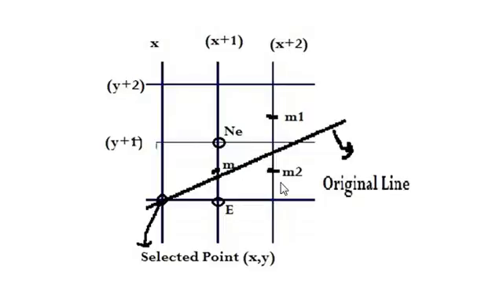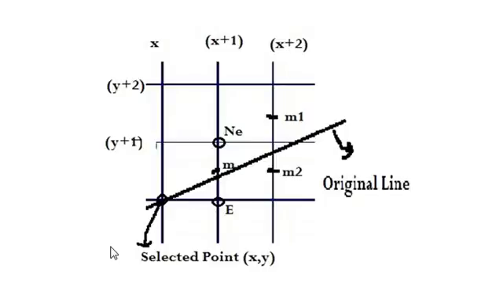In this midpoint line drawing algorithm, first we assume one pixel is already selected, and we have to draw a line, selecting the points which belong to the line.